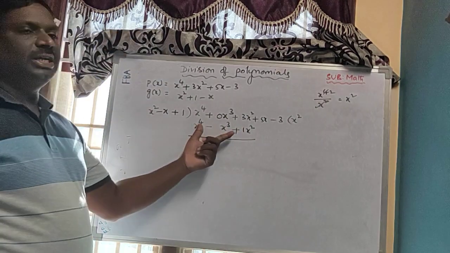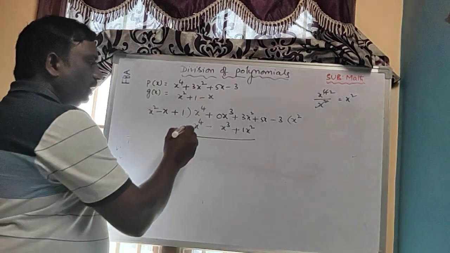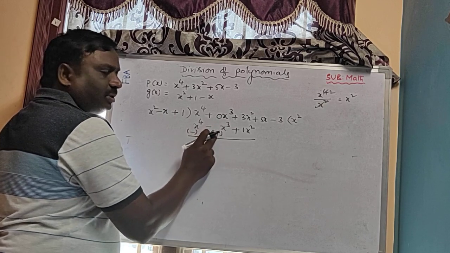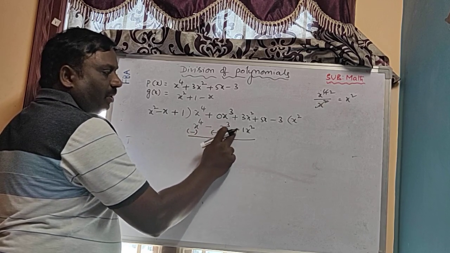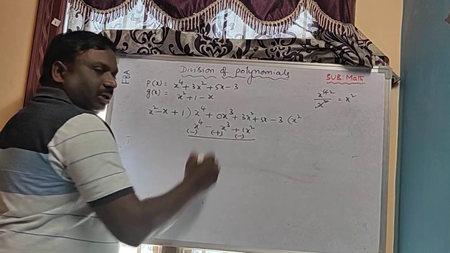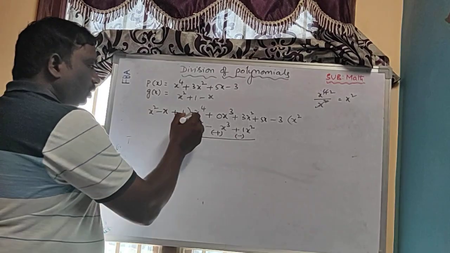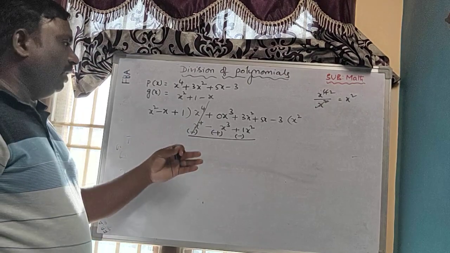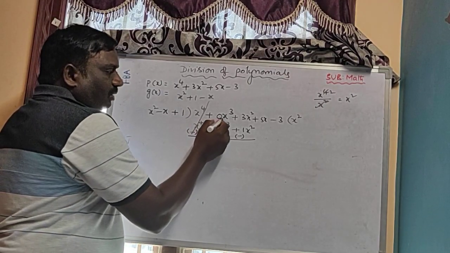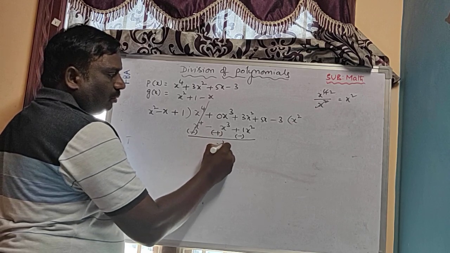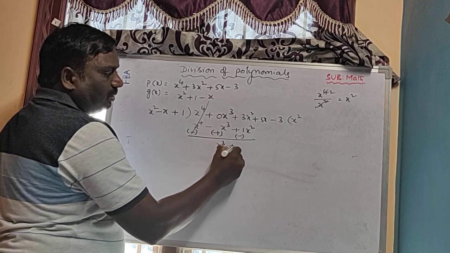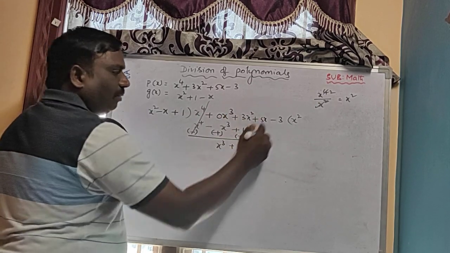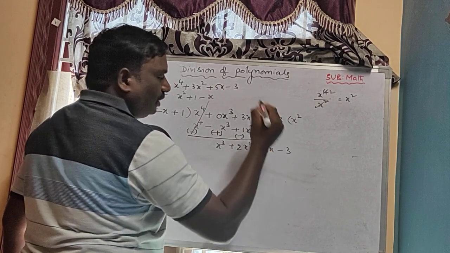When you are doing the subtraction, for the second polynomial the signs automatically change. Plus becomes minus, and minus becomes plus. So plus x power 4 minus x power 4 both cancel. I think you already learned this in 9th class, but I'm explaining once again. So this is 0, plus x cube, then plus 3 minus 1 is plus 2x square. The remaining terms you can write here: 5x minus 3.